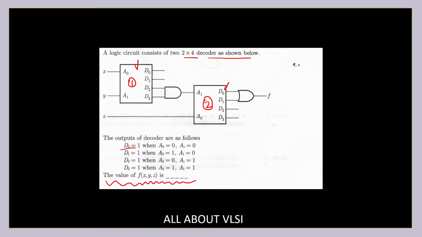They are asking us to find out the value of f of xyz, where they have also given when D0 will become 1 and when D1 will become 1. They have given it clearly. So we need to find out the value of function f of xyz.